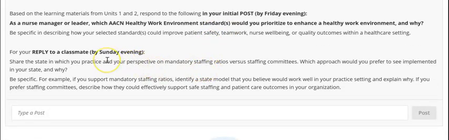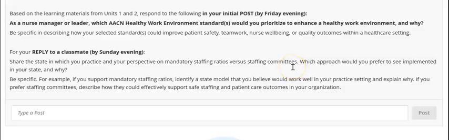Answer as best as you can and what is meaningful to you. But then by Sunday evening, this one is a bit more specific to a staffing ratio. So if you're an educator, think about whether you're taking new nurses or student nurses to clinicals, or whether you're educating new orientees, etc. But share the state in which you practice and your perspective on mandatory staffing ratios versus staffing committees.